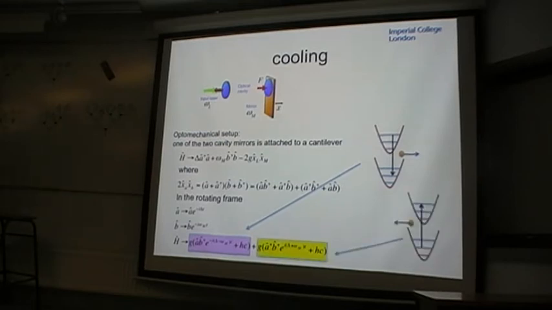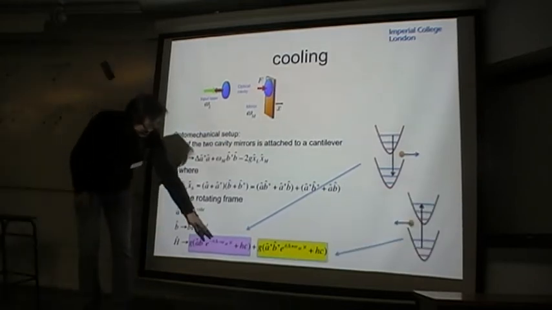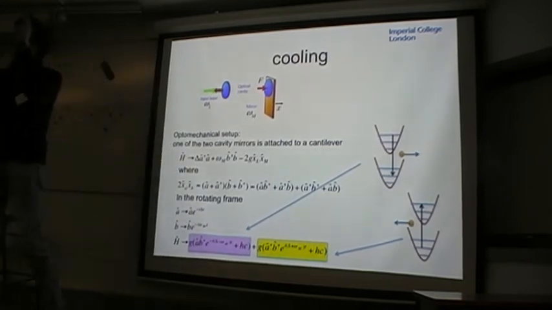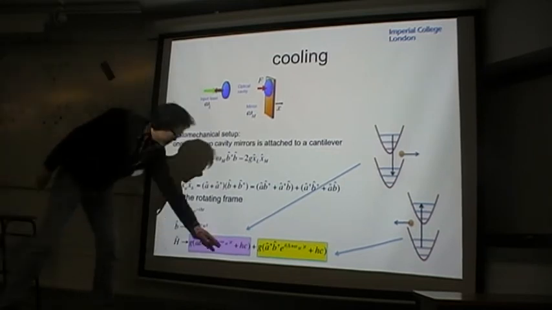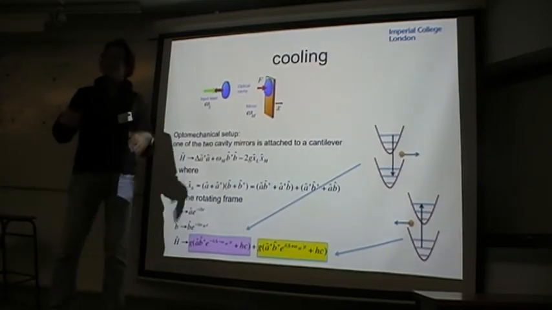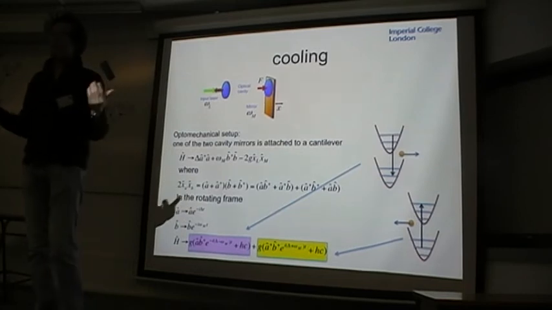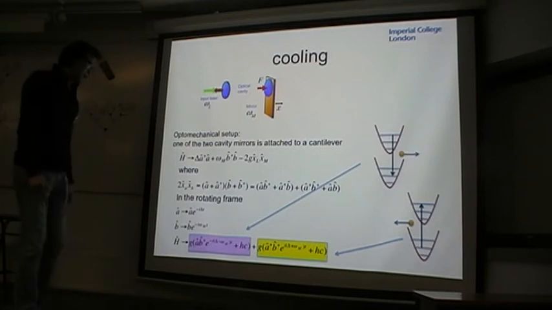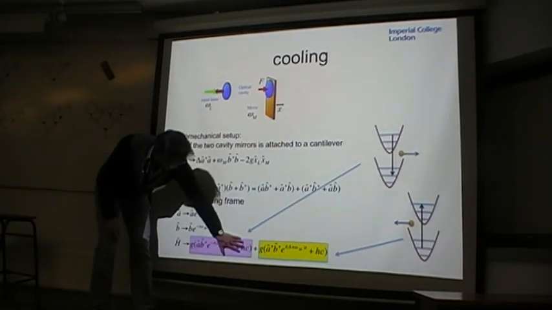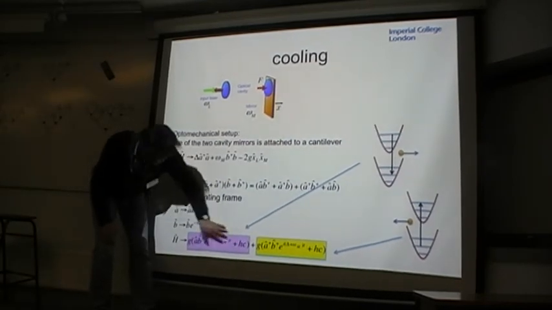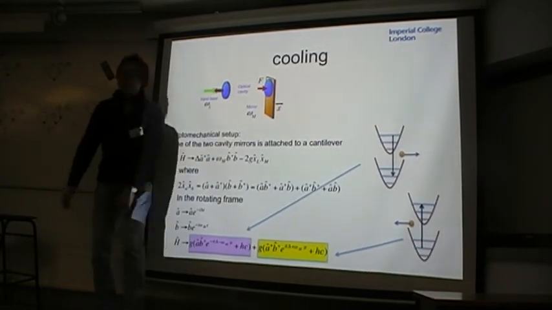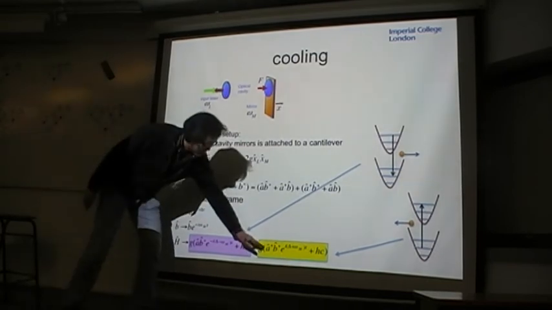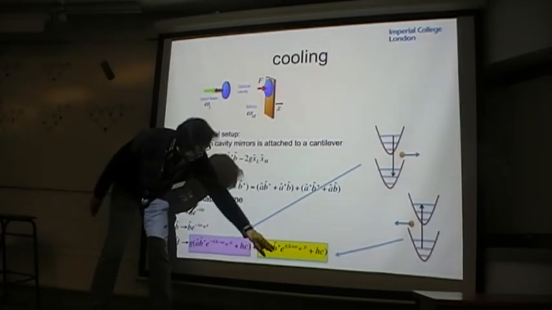If my delta, the detuning between the external field and cavity field, is not the same as omega m, but the same as minus omega m, let's say omega m is minus detuning. That's possible, right? Then this will be fast oscillating, and that will be slow oscillating. And what is this term? That's A dagger, B dagger.